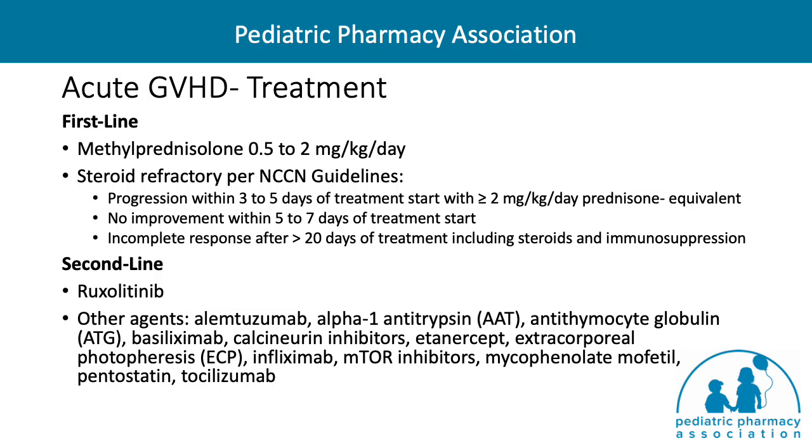Ruxolitinib is a JAK1 and 2 protein kinase competitive inhibitor, and JAK1 and 2 mediate cytokine and growth factor signaling and play a role in the development, proliferation, and activation of the immune cells that contribute to pathogenesis of acute GVHD. Other agents that may be utilized in the second-line setting are also listed at the bottom of this slide.